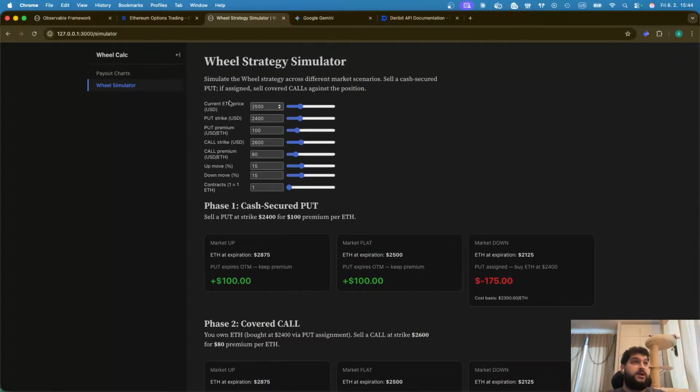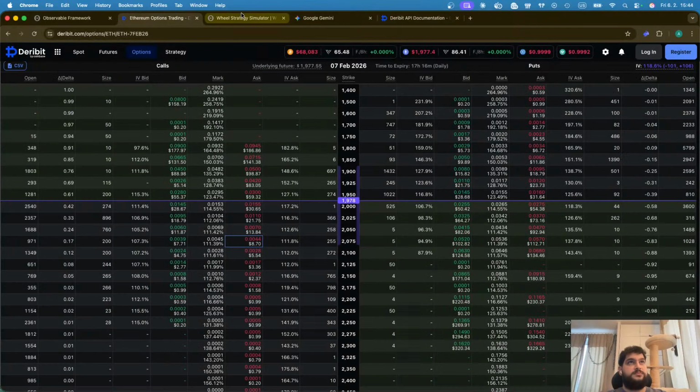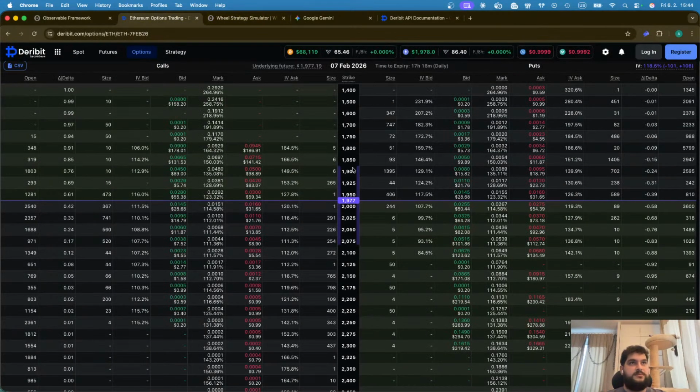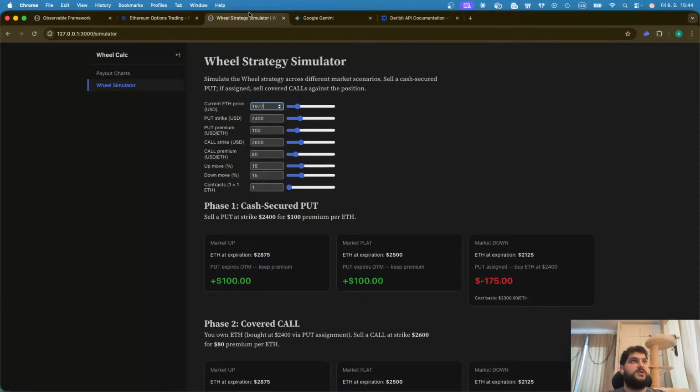The current price is, what is it, 1977. The put strike is, I don't know, 1900. Let's say it pays $15 or like 0.8%.